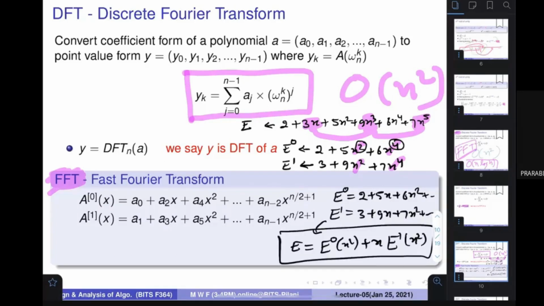Say how many are okay with me. Say yes. Let me tell you what I have done. What is the importance of this thing? How many items would be here? Half. How many items would be here? N by 2.